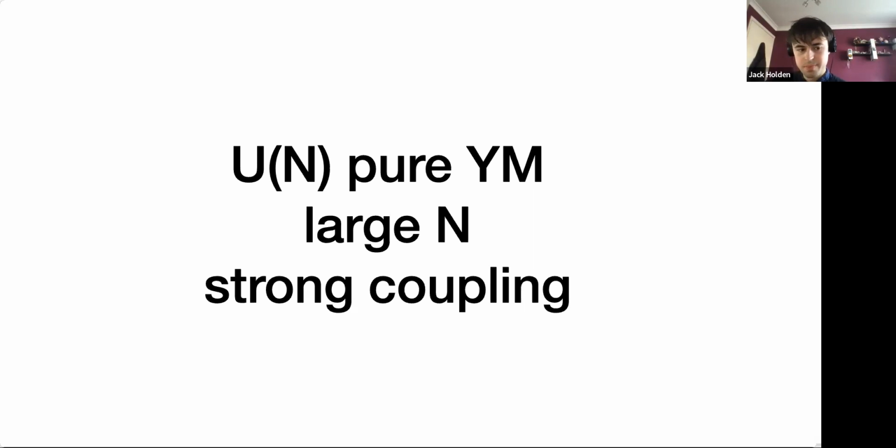So first we have to analyze the partially confined phase in a particular theory. We'll take Yang-Mills in the large N limit at strong coupling on the lattice.